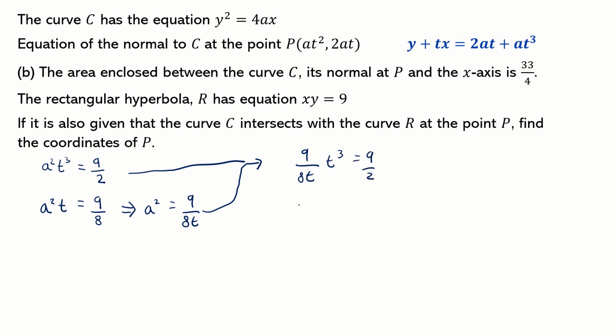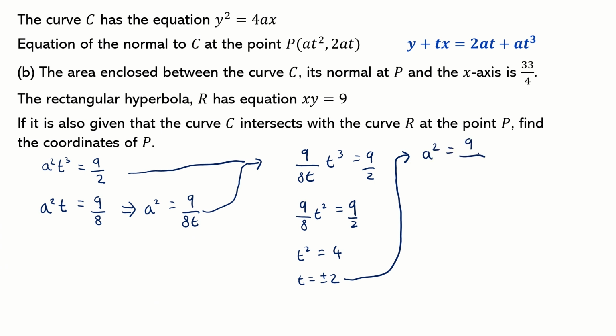I could now simplify that to get 9 over 8 t squared equals 9 over 2, which gets even better because it means t squared equals 4, which means t equals plus or minus 2.